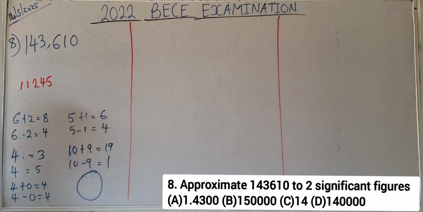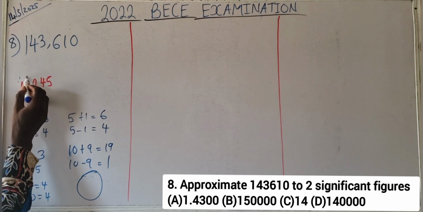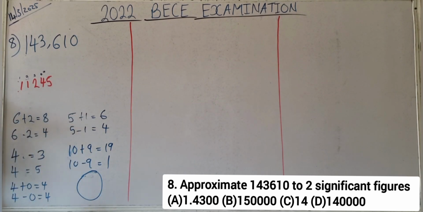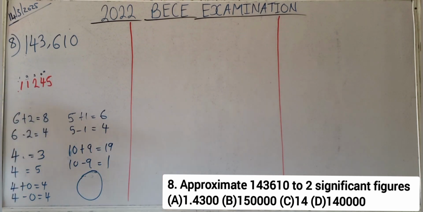Now, start from the left-hand side. This is the first number. This is the second number. This is the third number. And this is the fourth number. Now, because we are asked to reduce this number to 4 significant figures, the number behind the fourth number, if it is up to 5, listen, if it is up to 5, when you approximate it, it must be equivalent to 1.